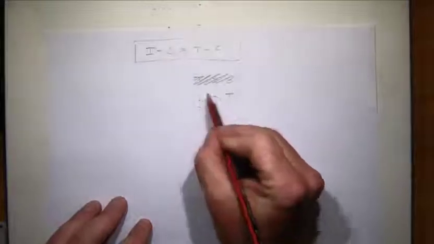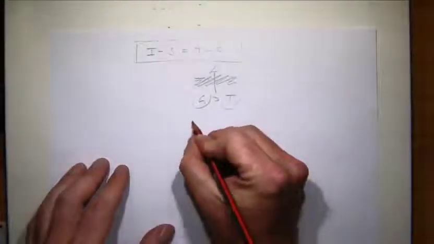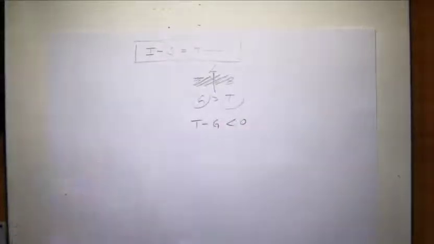So if the government spends more than it receives in tax income, what is the effect of this on T minus G? Well, G is bigger than T. So the right-hand side of this equation has to be negative. Okay? So T minus G is negative.